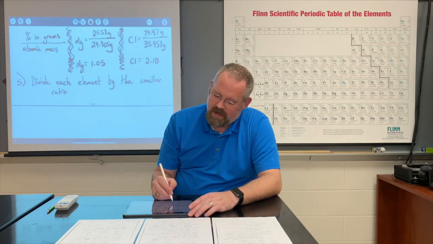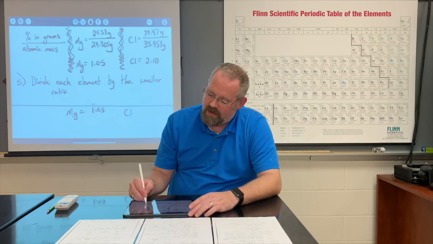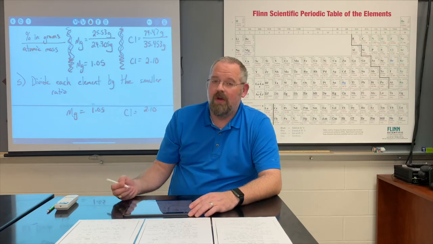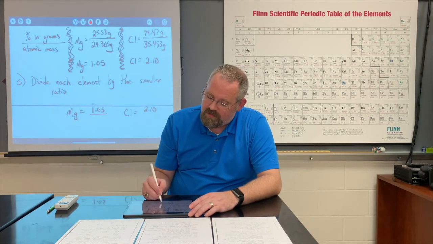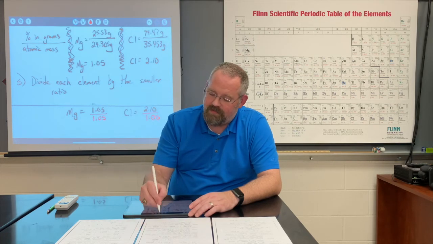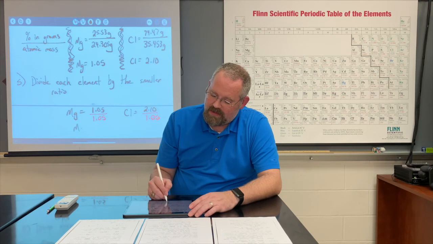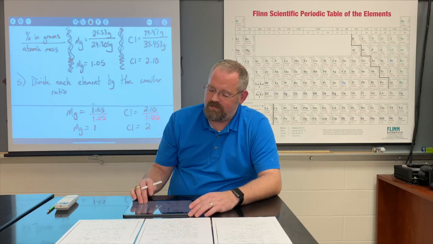So magnesium, I have 1.05, chlorine, I have 2.10. Well, clearly 1.05 is smaller, so I'm going to divide both by 1.05. Okay, so for magnesium, that's going to give me a 1, and chlorine, that's going to give me a 2.